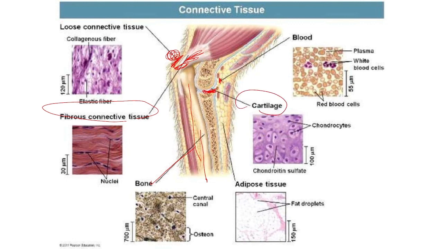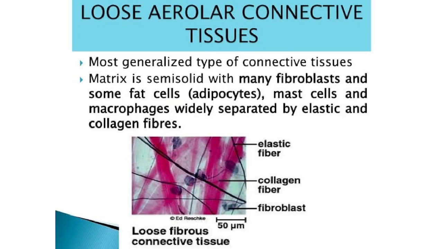Here you can see blood vessels and blood, that also is connective tissue, that is fluid connective tissue. And here you can see adipose tissue, that also is one type of connective tissue. In our body, each and every type of connective tissue is found. That's why we say the most abundant tissue found in our body is connective tissue.